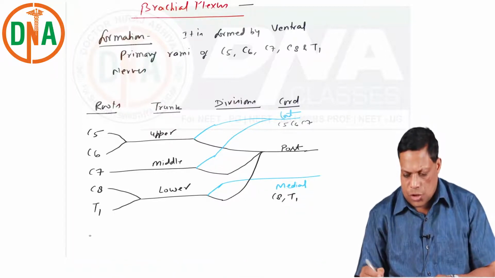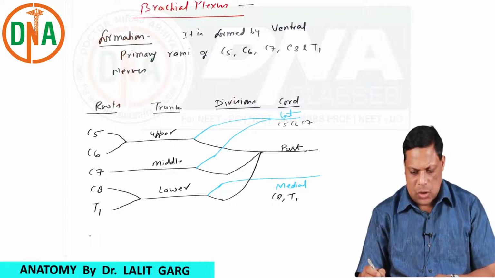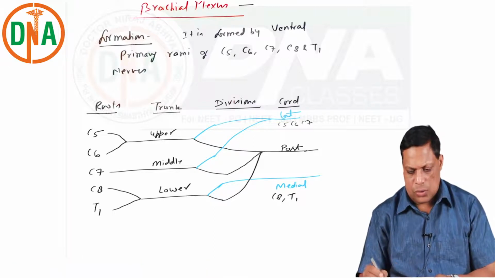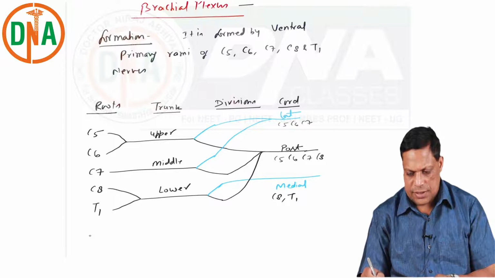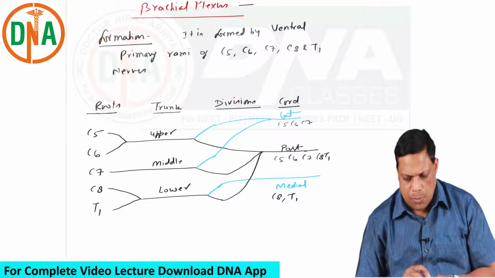The posterior cord is formed by the fibers of all three trunks. So the root value is C5, C6, C7, C8, T1. So this is the root value of the posterior cord.